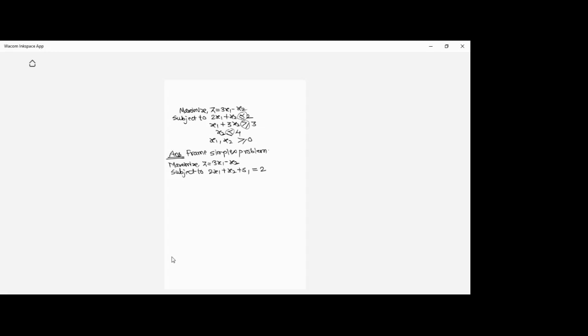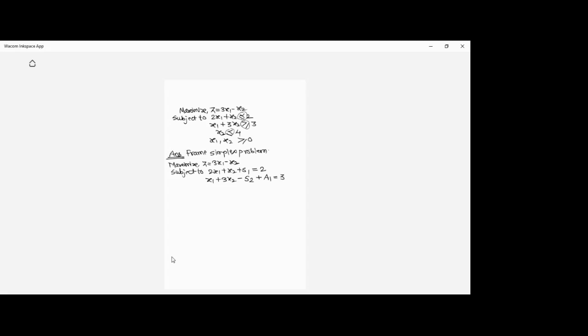Similarly, let's move on to another constraint. Here we have a greater than or equal to sign. So x1 plus 3x2. We are going to consider the slack variable, but it will have the negative sign, so minus s2. But here we also have to add the artificial variable, plus a1 is equal to 3.